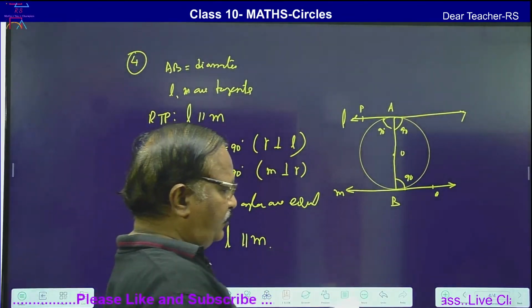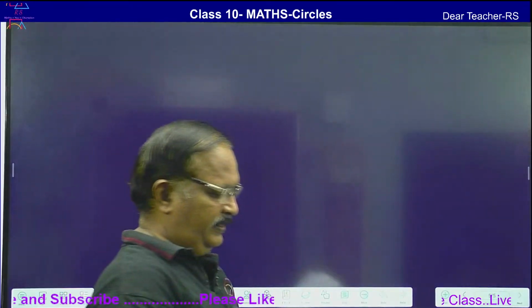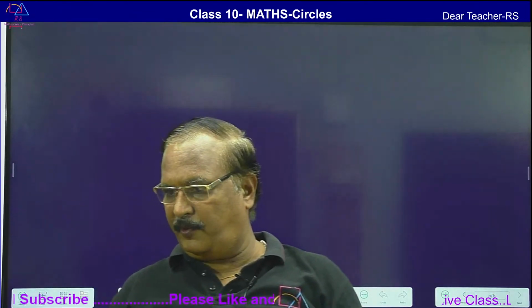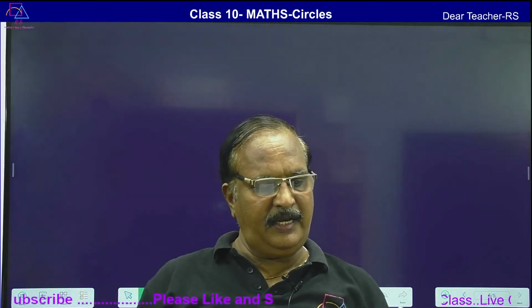So now let us go to question number 5. Prove that the perpendicular at the point of contact to the tangent to a circle passes through the center.